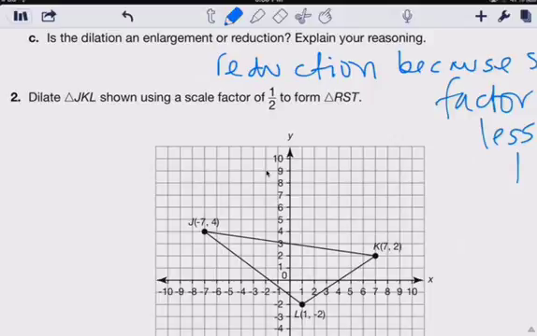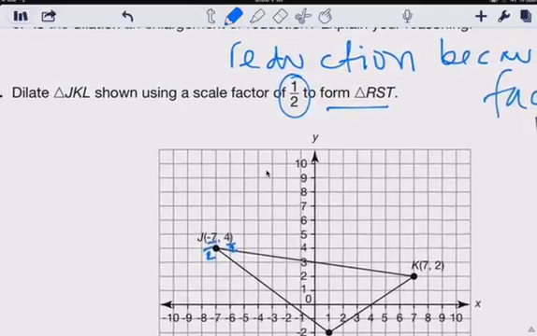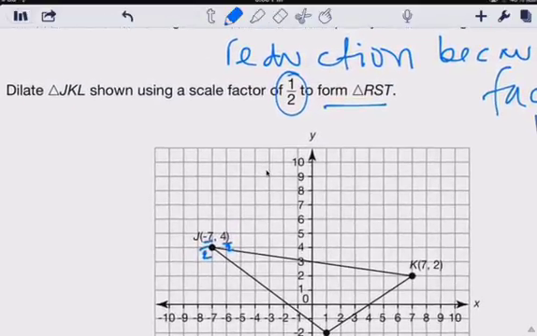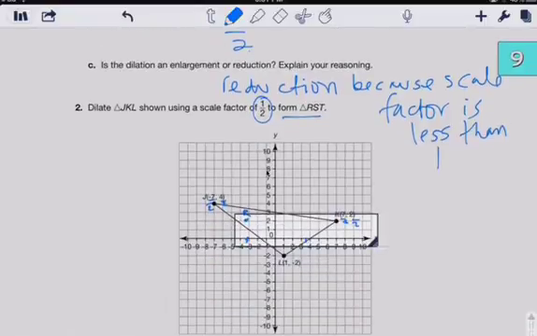Okay, half for triangle RST. Okay, divide these by 2. So R is negative 3.5 up to, right there, that's R. S is related to K, divide by 2, 3.5 right here, and 1 right there.